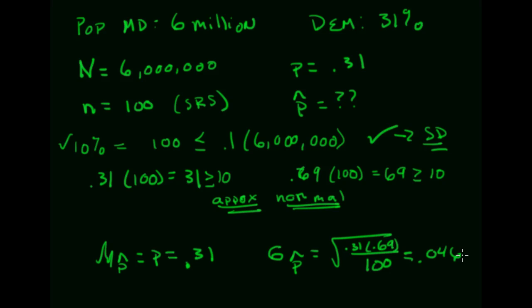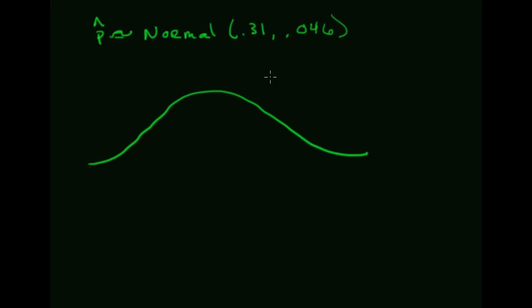All right, so let's get a new blank screen here. We just said that the sample proportions are going to be approximately normal with a mean of 0.31 and a standard deviation of 0.046. So I have a normal curve with a mean of 0.31 and a standard deviation of 0.046. If you think that through, that's pretty powerful.